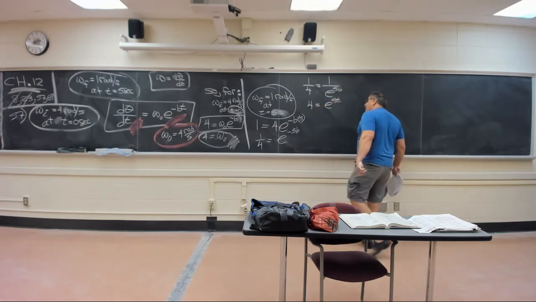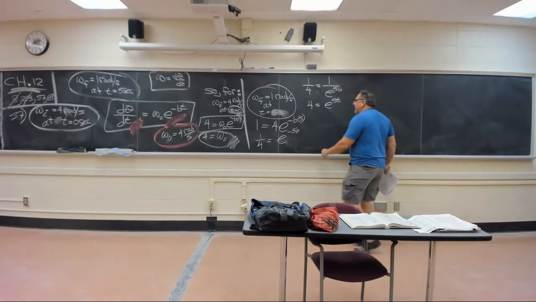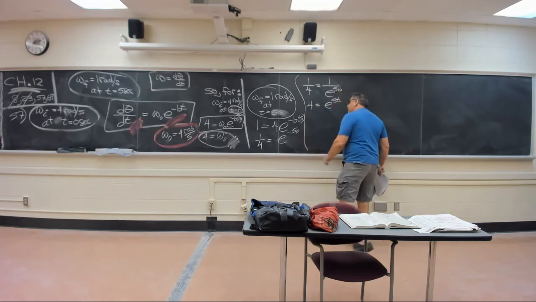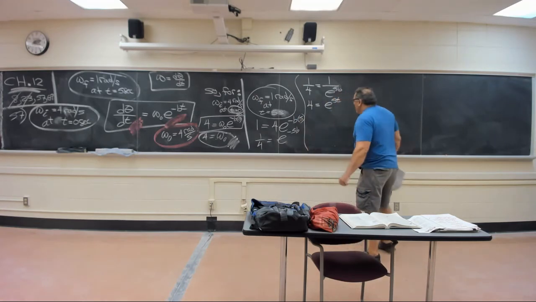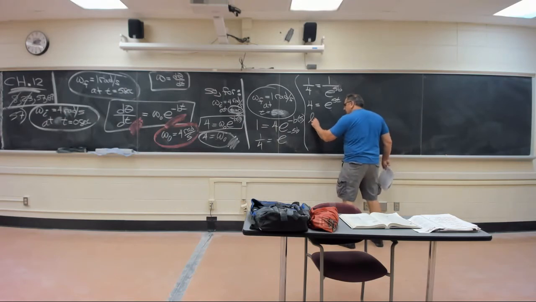You don't necessarily need to do the song and dance I'm doing right here, guys. There's other ways you can approach the mathematics. What you do have to do is eventually get the right answer. Let's take the natural logarithm of each side.